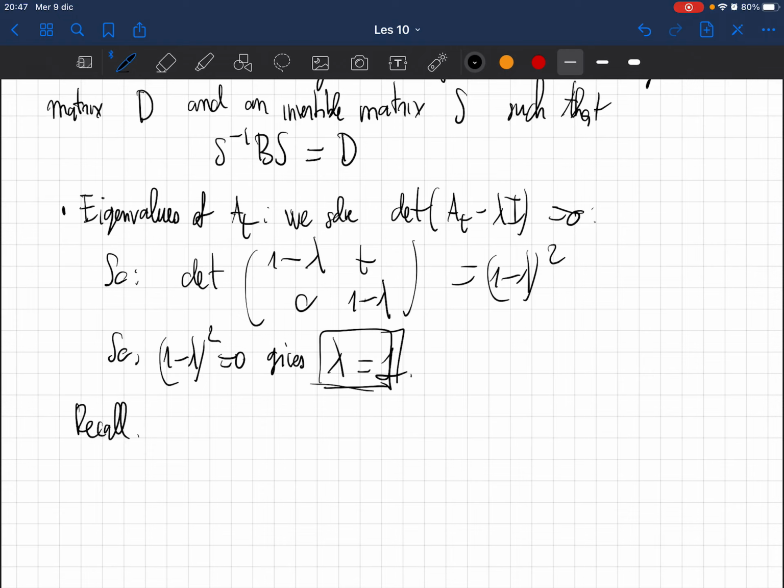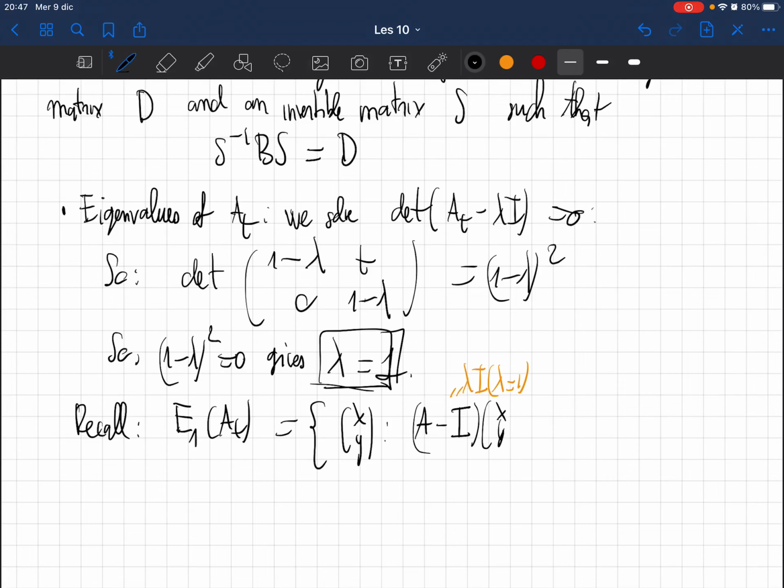Recall the eigenspace is given by vectors such that A minus I, which is lambda I for lambda equal to 1. If you want, this is also the kernel of A minus lambda I for lambda equal to 1.